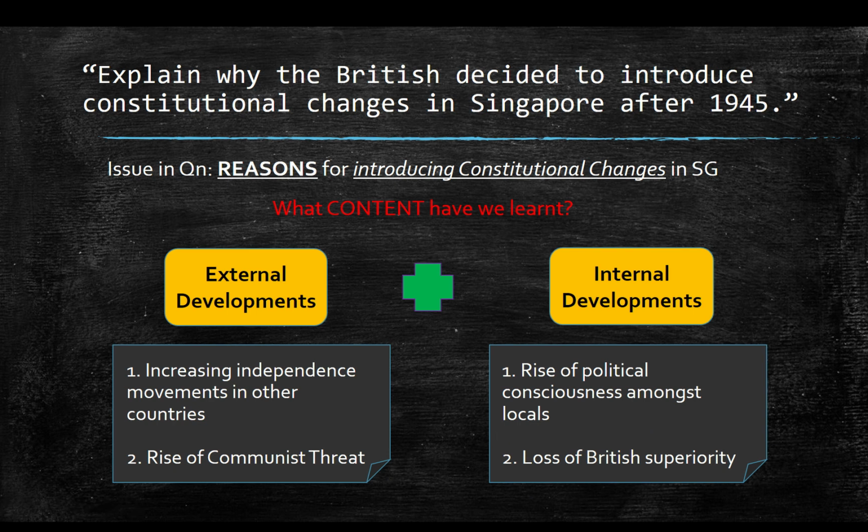Now, how many points do we need to PEEL in an explain type question? An explain type SEQ is worth 6 marks at SEQ 2, and you will need to PEEL 2 content points.